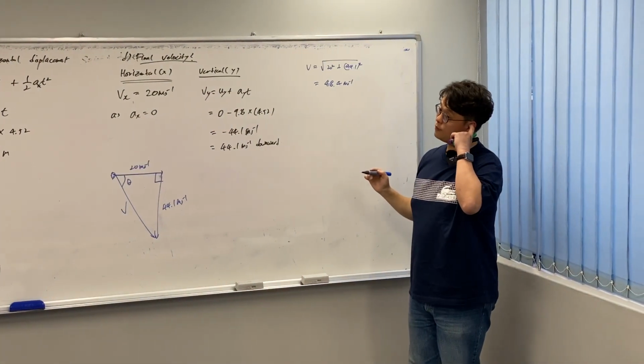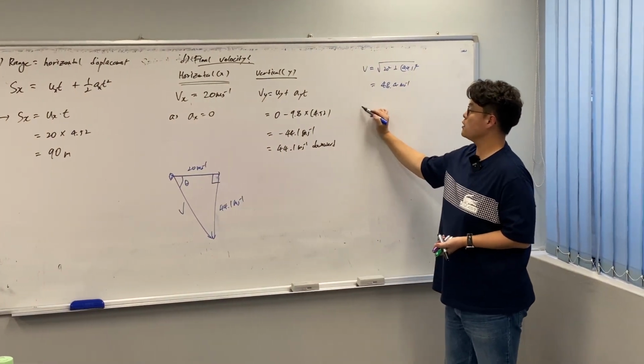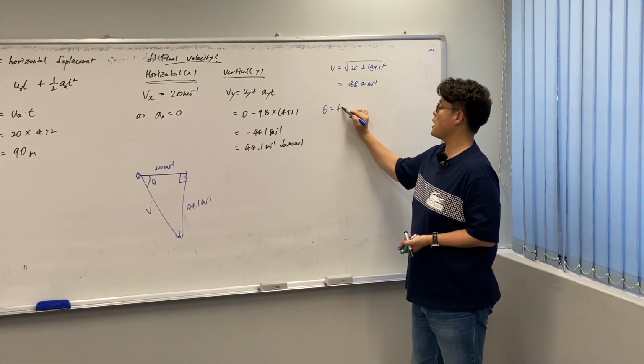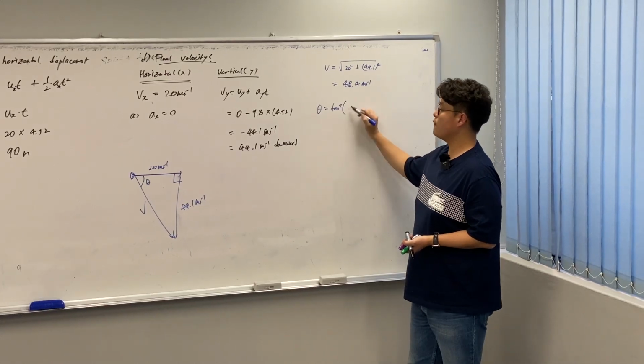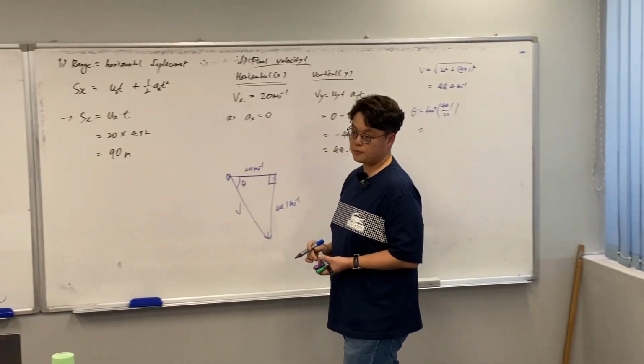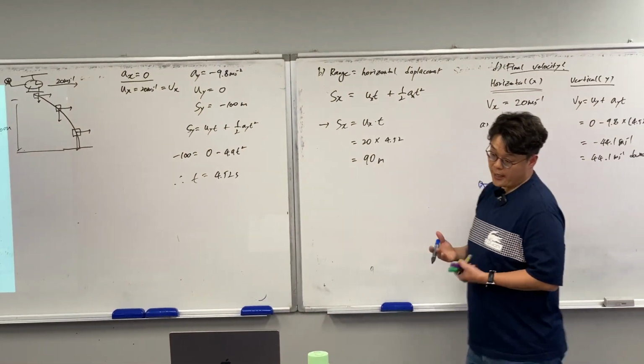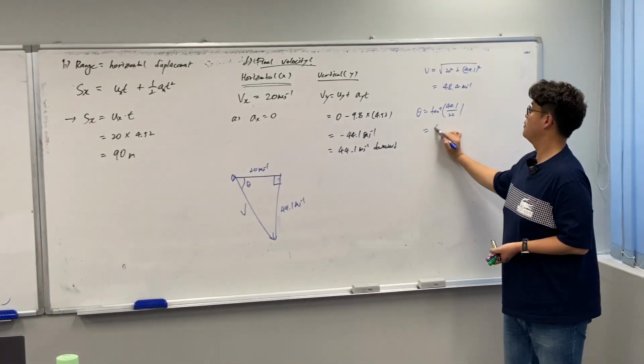Make sense to all? Okay. What about the angle? We can use trigonometry here again. The angle is the same as tan inverse of 44.1 on 20. Then you get the angle, which is 66 degrees.